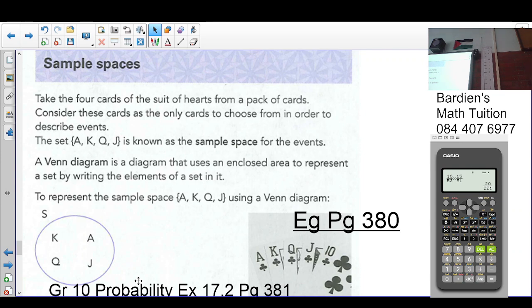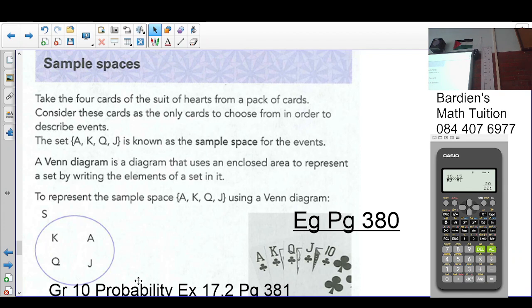So you can take any 4. Why didn't they say take the 4 picture cards? I think that is what they wanted to say, because if they would take any 4, I don't think they would have taken Ace, Jack, Queen, King. It would have been any of the 13 cards.